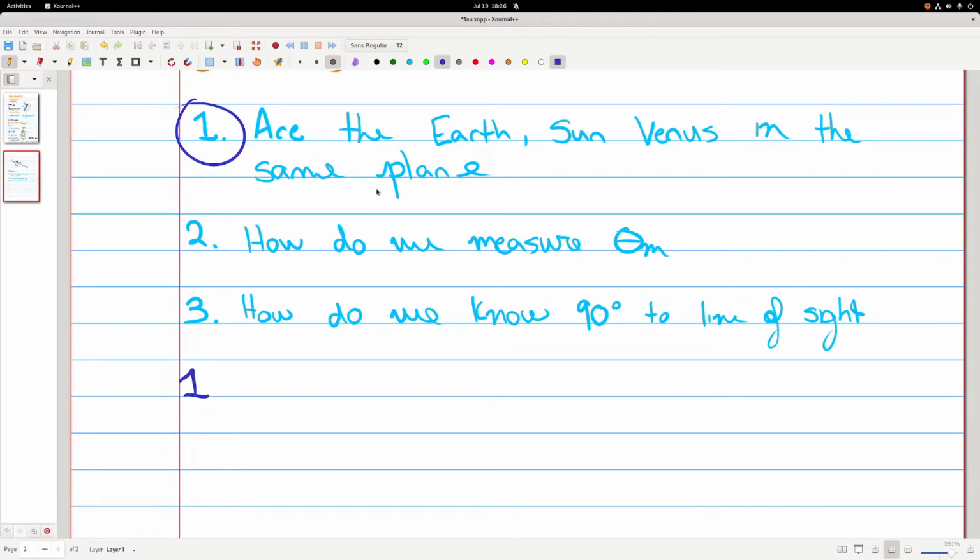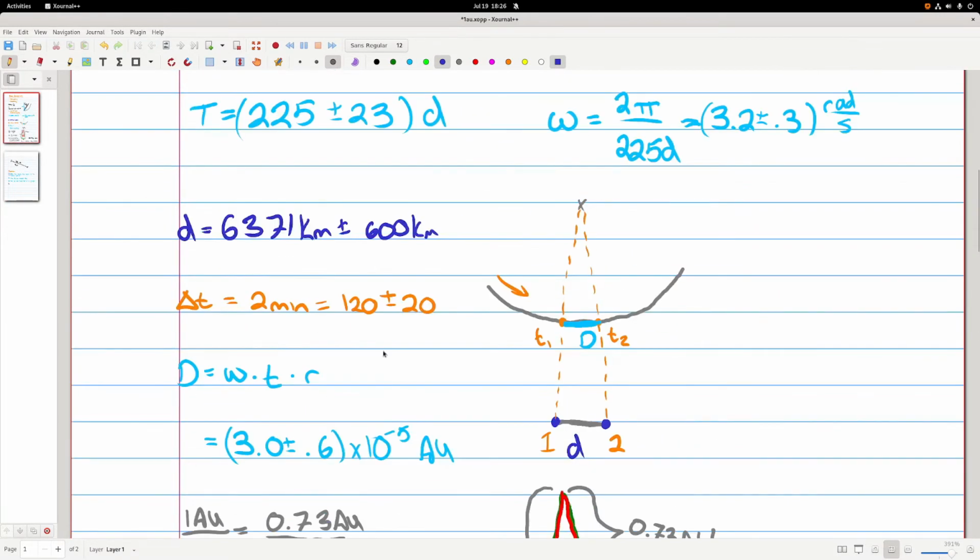So how are we assuming that the Earth, Sun, and Venus are in the same plane? No, we're not assuming this. I'm saying that essentially this is included in our uncertainty in a couple of the measurements that we made. Specifically, there's an uncertainty in this distance here.